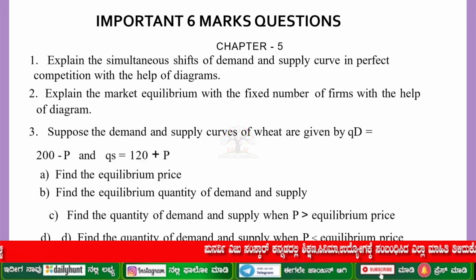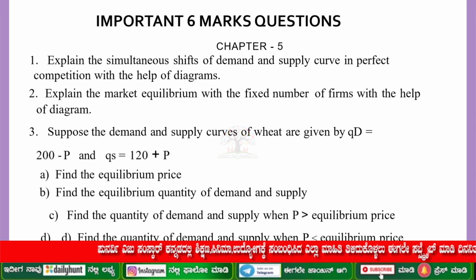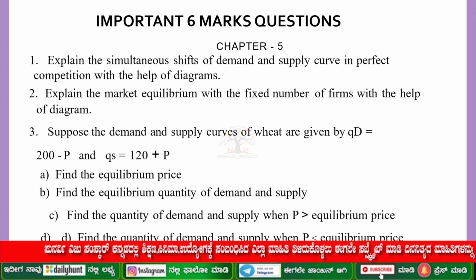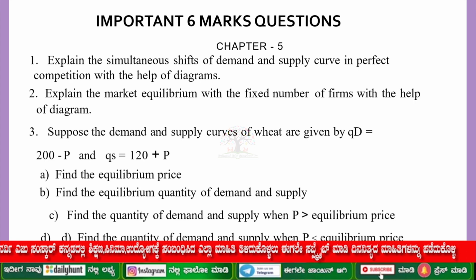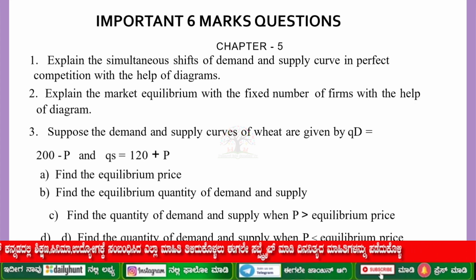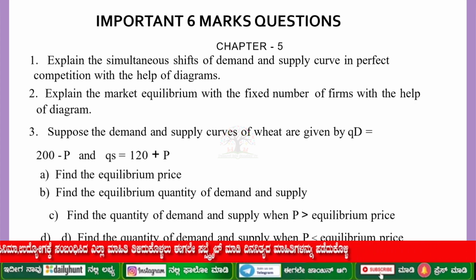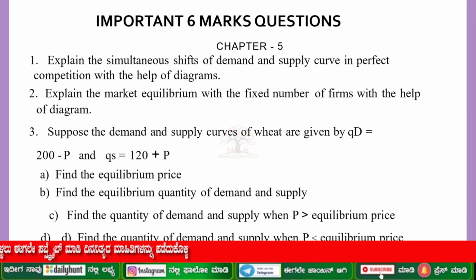From microeconomics 5th chapter, that is market equilibrium, you can expect 1 6-mark question. There are 3 important questions. First one is simultaneous shift in demand and supply curve in perfect competition with the help of a diagram.